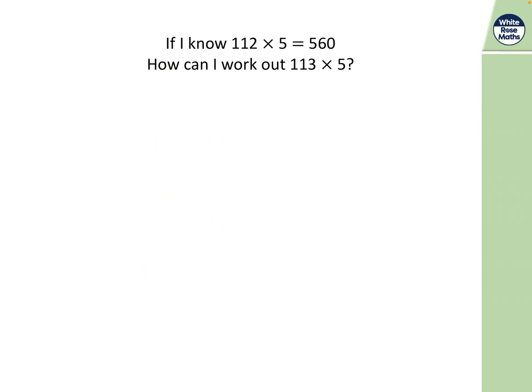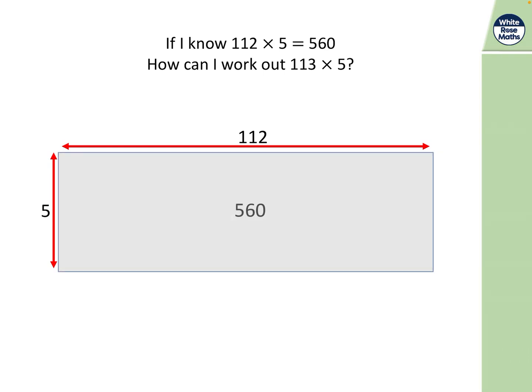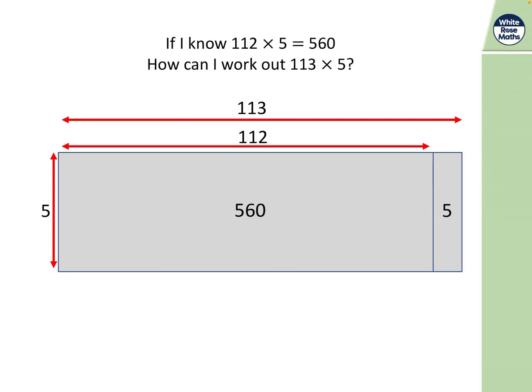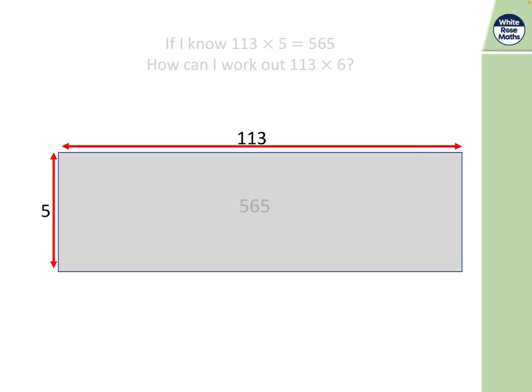Have a think. So we've got 112 multiplied by 5, that's our array, but actually we want another lot of 5. Can you see what you did there? Because you knew that this was 112 times, we need one more lot of 5 on there to make 113. 565.